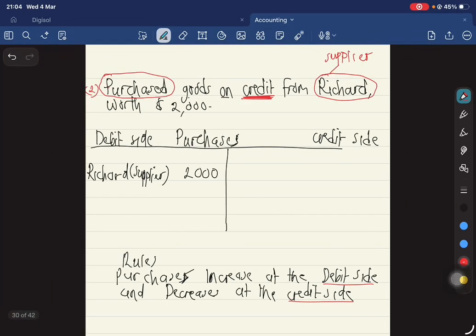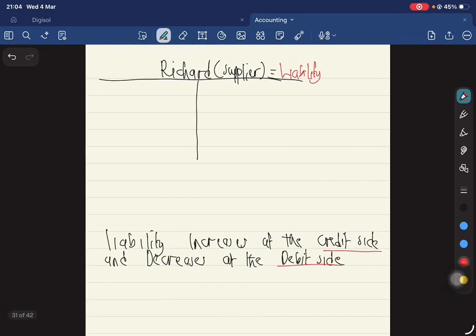We owe 2,000. Per the rules, liability increases at the credit side, and the credit side is the right side of the T account. Here is the right side. So we credit liability with 2,000, in the name of purchases, because our liability increased because of purchases.